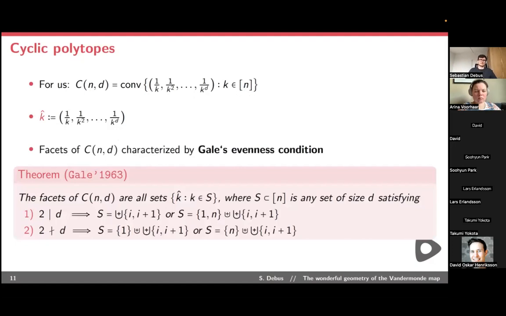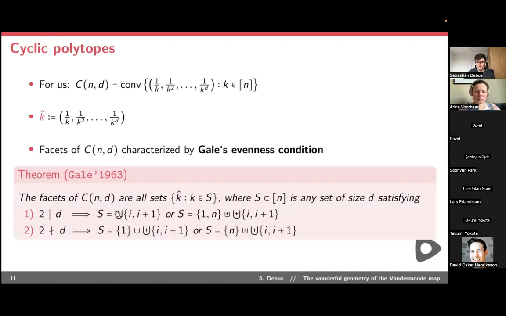And another nice thing about cyclic polytopes is that their facets are characterized by the so-called Gale's evenness condition. So it tells us the following. The facet sets k hat, k in S, so S is a subset of N of size d, forms a facet if and only if it satisfies one of those conditions, and the conditions depend on the parity of d.